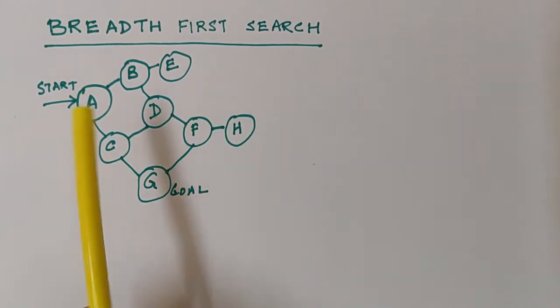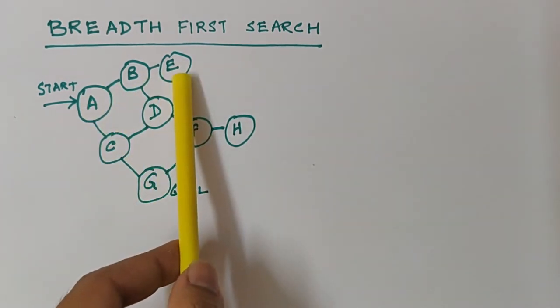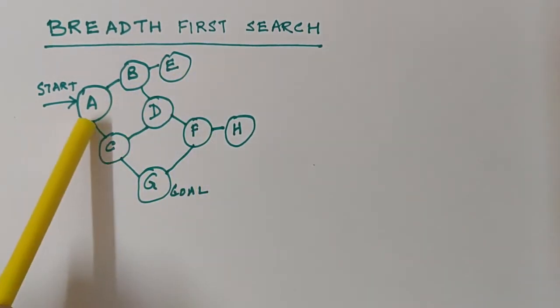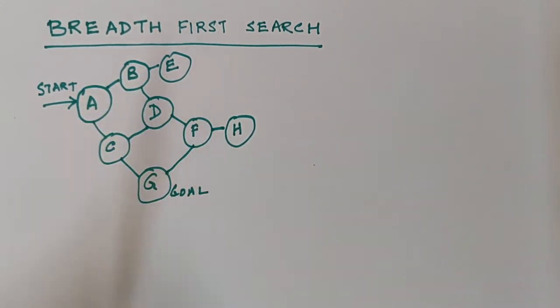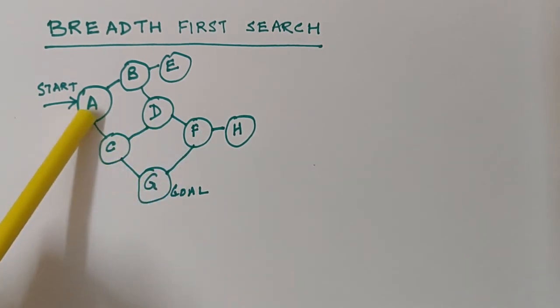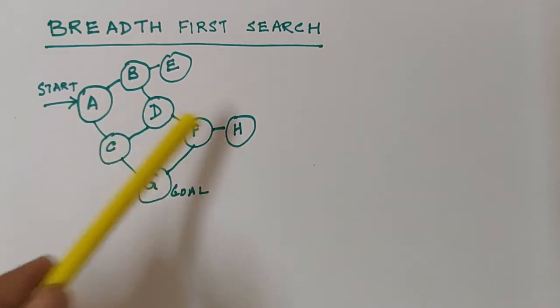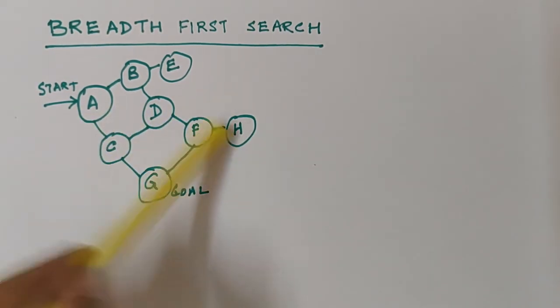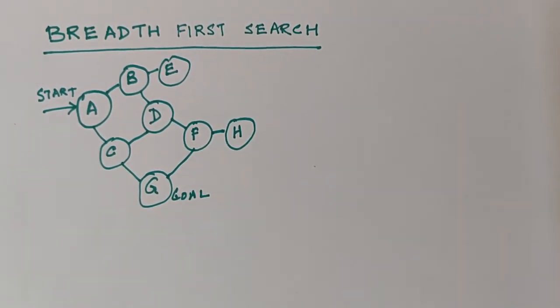For example, the path AB has length 1, the path ABE has length 2, the path ABD has length 2, the path ACGF has length 3, and ACGFH has length 4. So this is what we mean by path length here. We will choose the path having the minimum path length from among those available in the frontier.